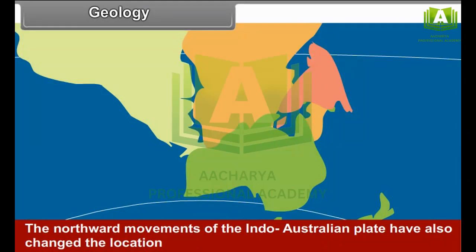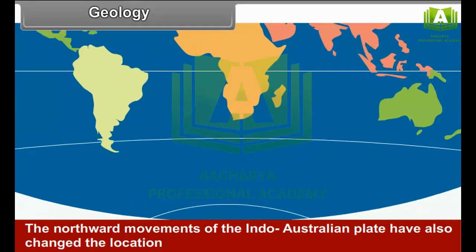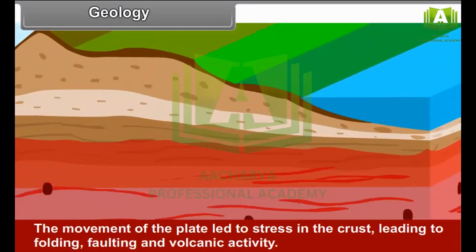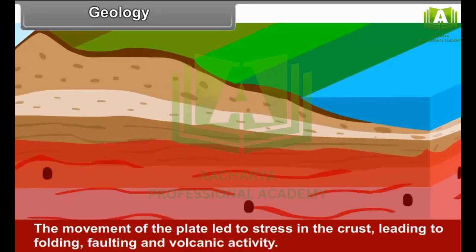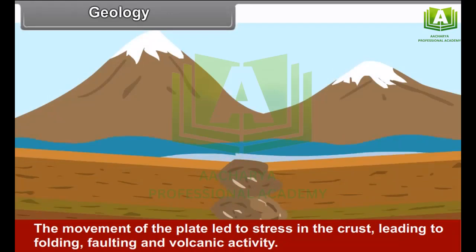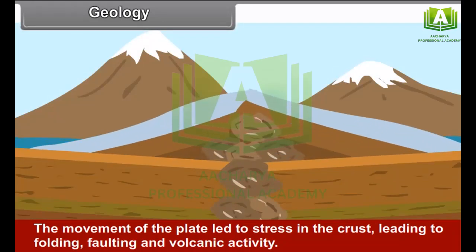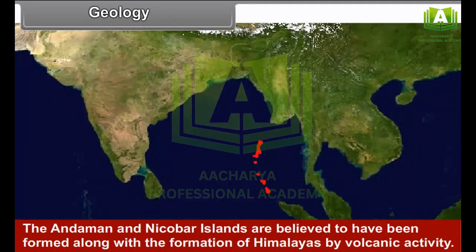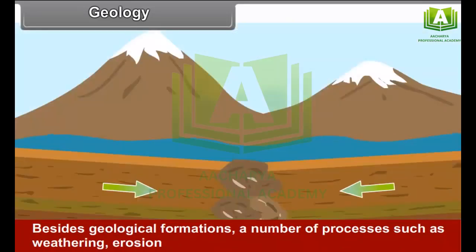The northward movement of the Indo-Australian plate has also changed the location and size of the Indian subcontinent over millions of years. The movement of the plate led to stresses in the crust, leading to folding, faulting, and volcanic activity. The Andaman and Nicobar Islands are believed to have been formed along with the formation of the Himalayas by volcanic activity.